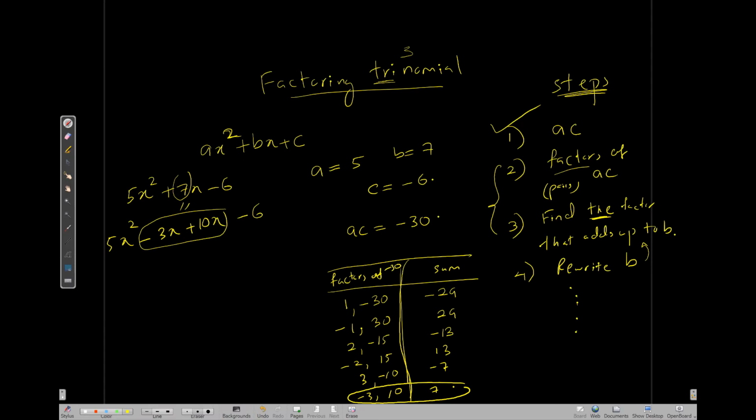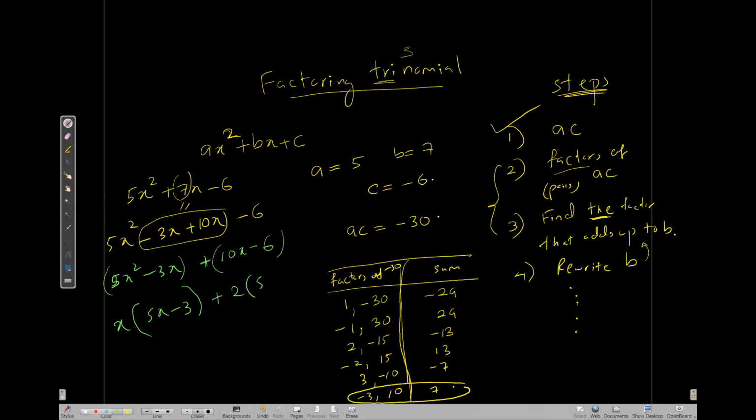Now at this point what you need to do: 5x squared minus 3x plus 10x minus 6. So you have to isolate, take the first two terms and the last two terms. Now in 5x squared minus 3x, you can pull x out. So you get x times 5x minus 3. And from the next, you can pull 2 out.